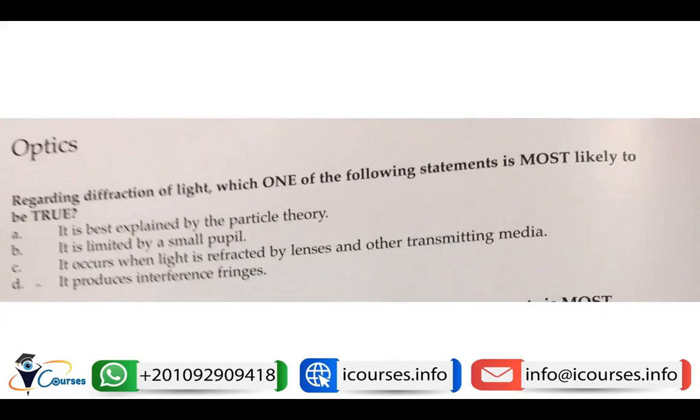Is the diffraction of light limited by a small pupil, meaning that the diffraction decreases with a small pupil? Do you think the diffraction will decrease with a small pupil? So the smaller the pupil, the smaller the diffraction?